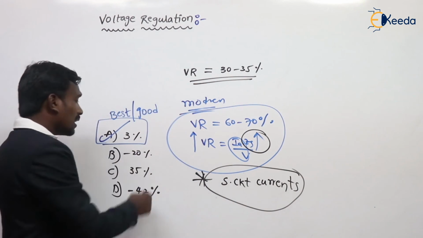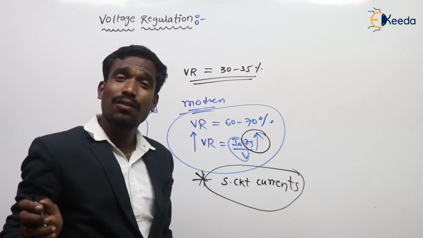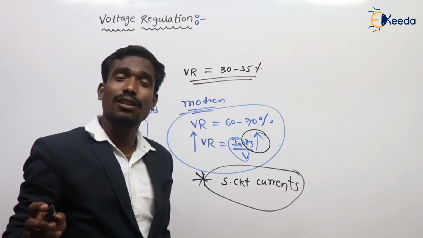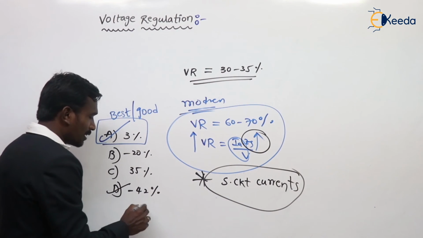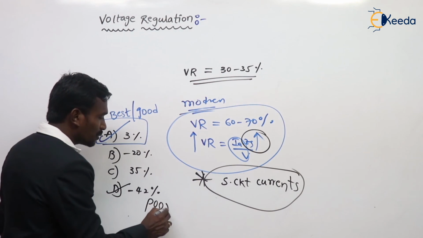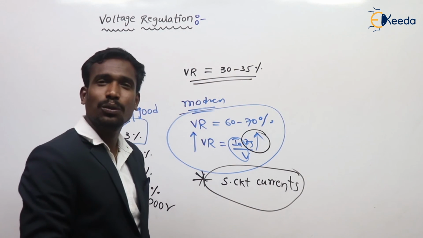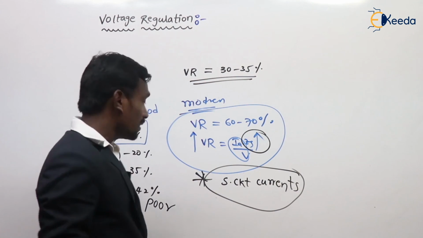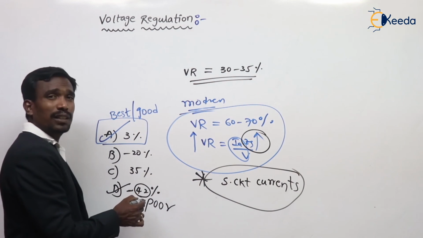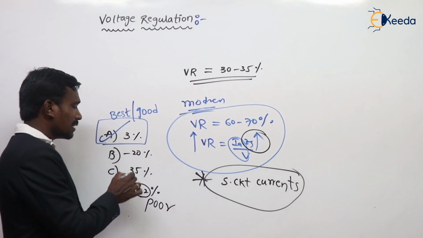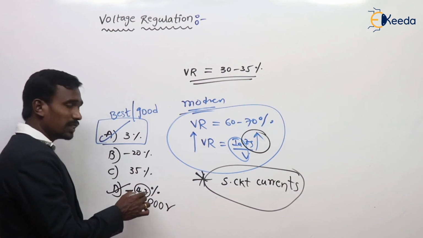Which of the following is the poor voltage regulation? Minus 42. Whether it is minus or positive, no worry. Negative represents leading, positive represents lagging, but of 35 and 42, 42 is the biggest.